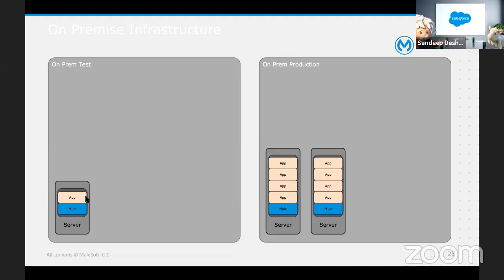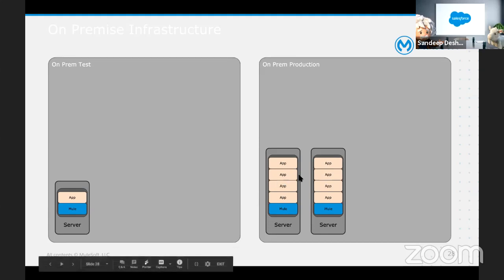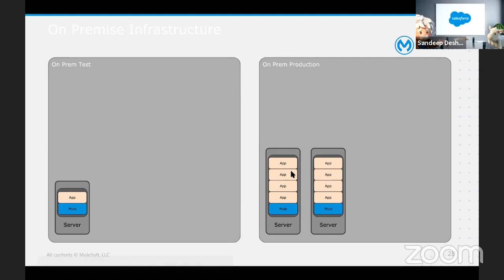Make sure that there is just one app deployed on that on-prem system, or try to isolate it somehow, so that the performance testing results yield the true results and are not cluttered with other applications. On the right-hand side, this is a typical production deployment, with multiple apps deployed in a single runtime.